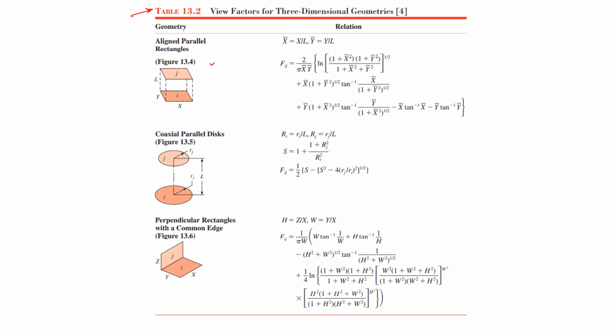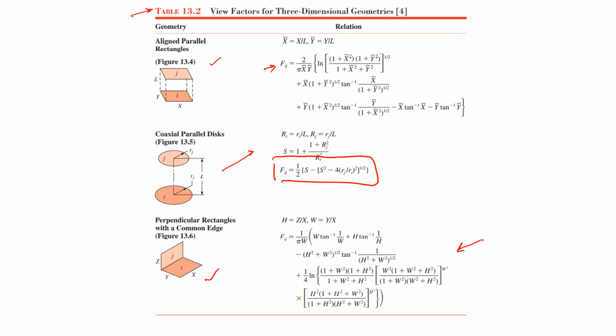You have a scenario where you have two plates which resemble opposite surfaces of a rectangle, and the view factor for that is given right here. You can have two coaxial parallel discs, and the view factor for that is given right here. And you can have two rectangular plates that are perpendicular to each other, and again you have the relation for the view factor given right here.